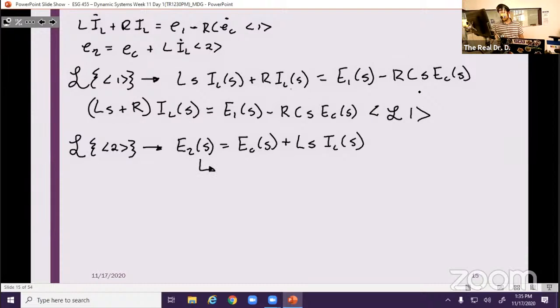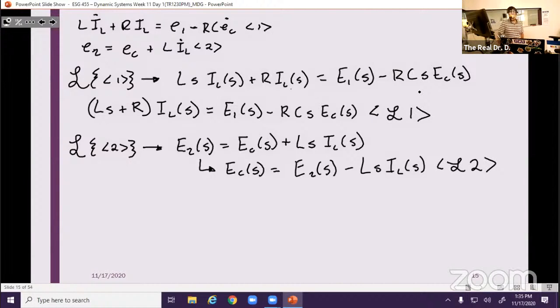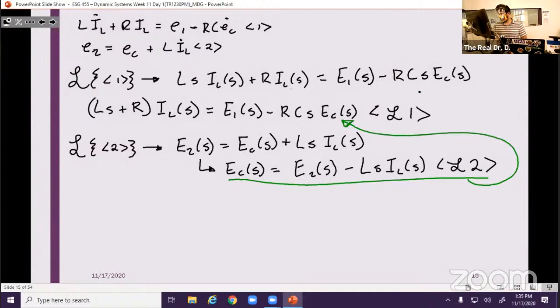So E_C of s is equal to E2 of s minus L s I_L of s. And this is what I'm going to call equation L2. We'll take that, throw it into equation L1. Take this and put it right there.